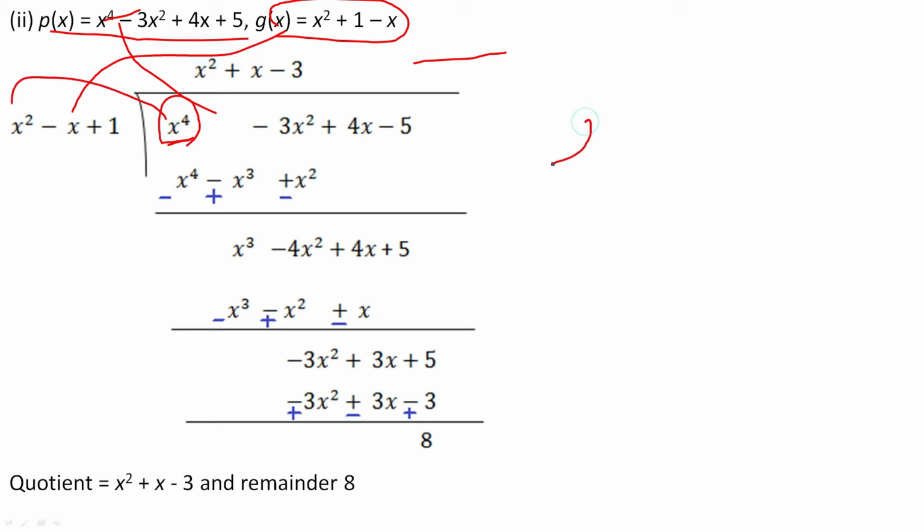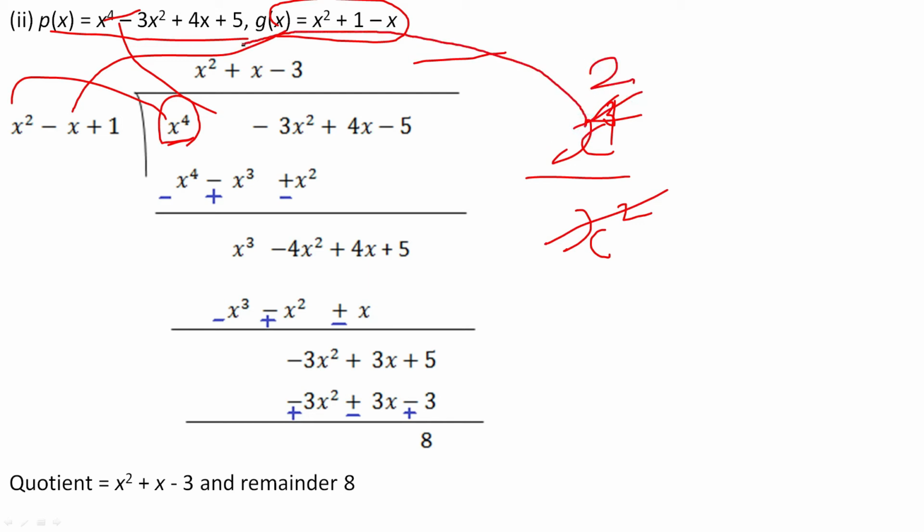Always divide the first term by the first term of g of x. X power 4 divided by x power 2, so x power 2 will get cancelled. Here 4 cut and write 2, this x square, write it here. Now x square multiplied by x square, you will get x power 4.